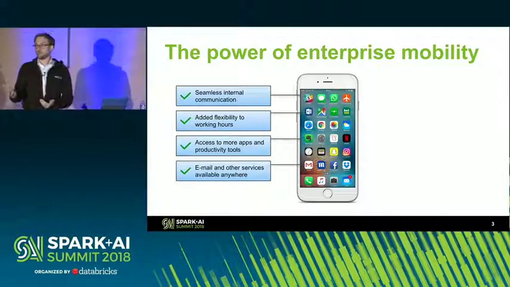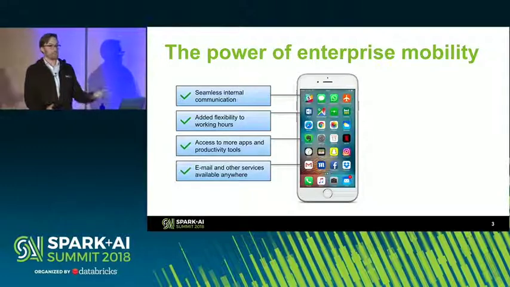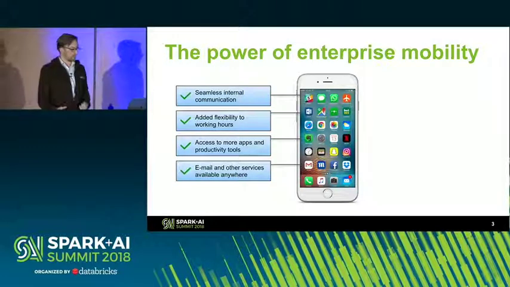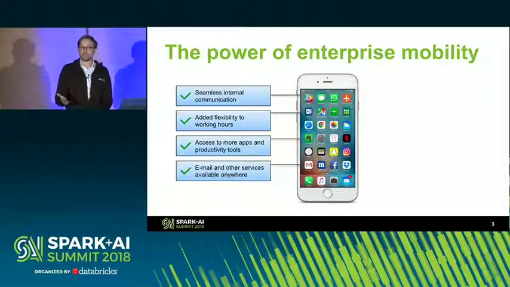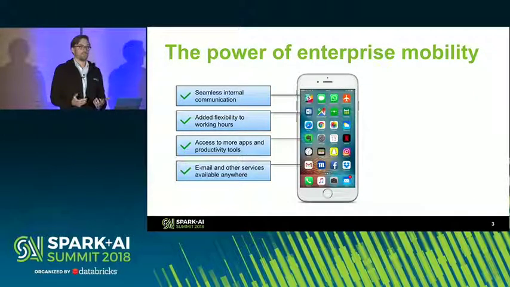I mean, all of us here are probably on Slack, you can talk to people at every point in the day, as soon as you wake up, etc. The access to these tools and apps is much easier through your MDM or through your Apple Store, your Google Play Store. And finally, that these services are available everywhere at any time in the world.